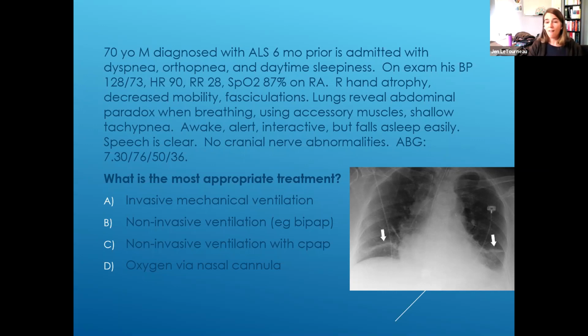Yes, you're correct. So this is somebody who's going to have long-term issues. This is not acute, right? So when you look at the chest x-ray here, he has atelectasis bilaterally, right, which is part of his long-term issue. So at this point, this is somebody you could try on non-invasive ventilation first. Oh yeah, long-term, maybe long-term trach.